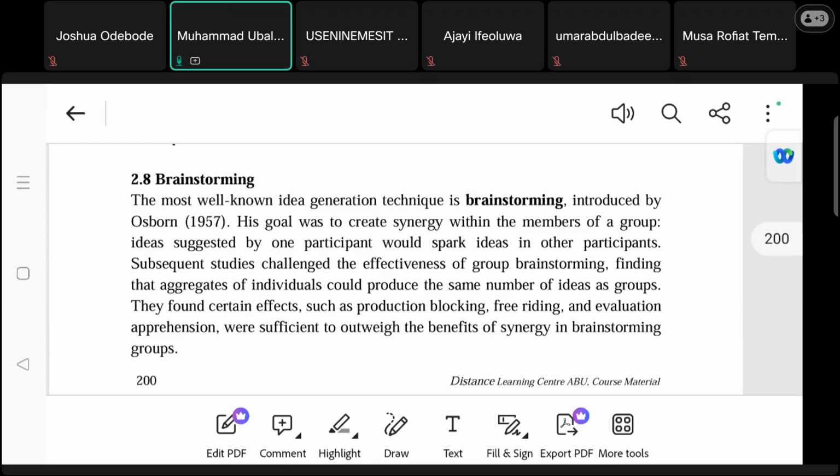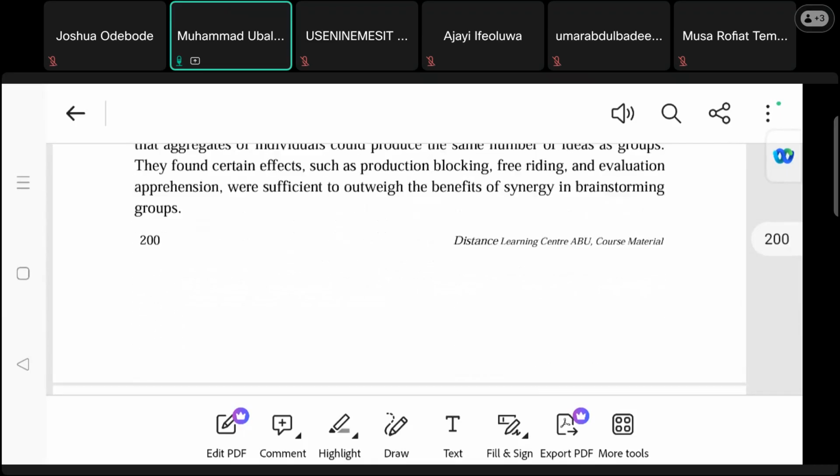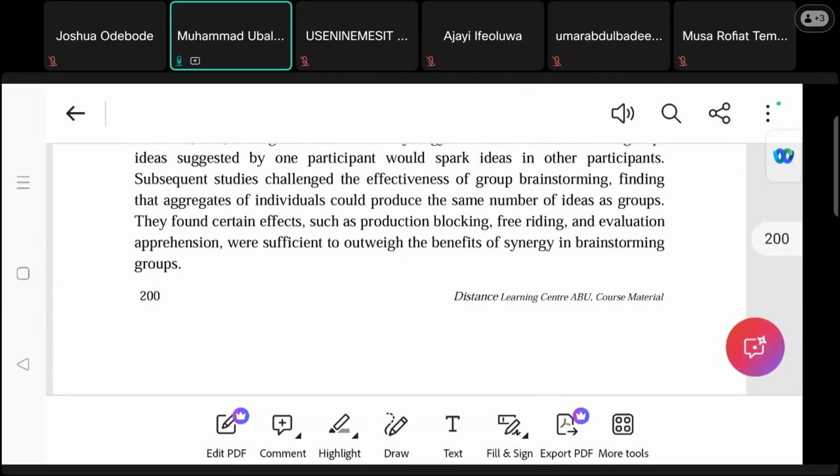So when we talk about brainstorming, there are key principles involved in brainstorming. So number one is that there is a focus on quantity, not quality, meaning that brainstorming cares more about the number of ideas generated in the brainstorming process.